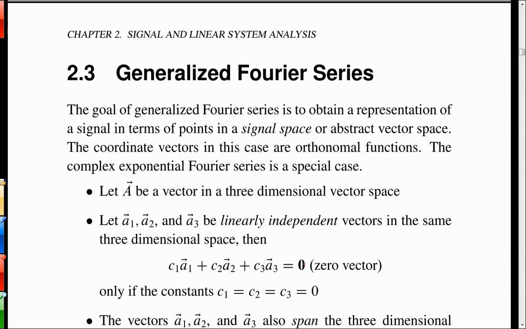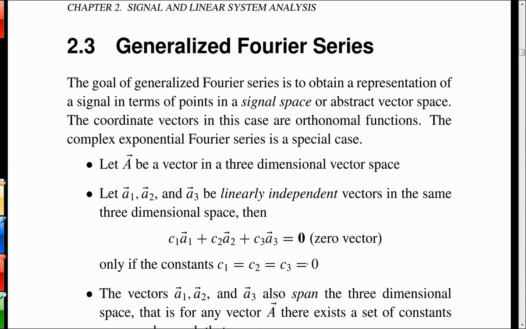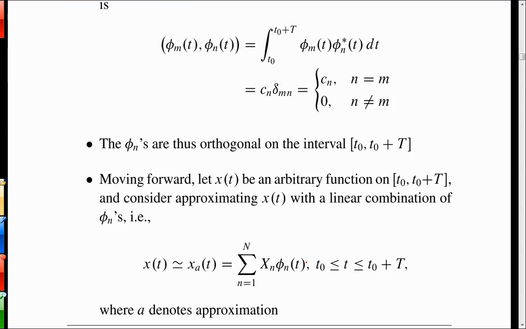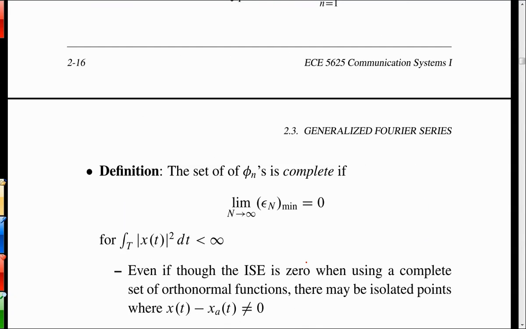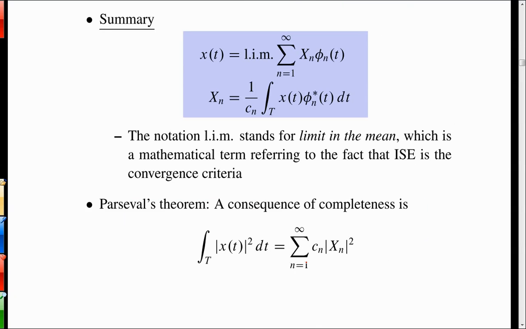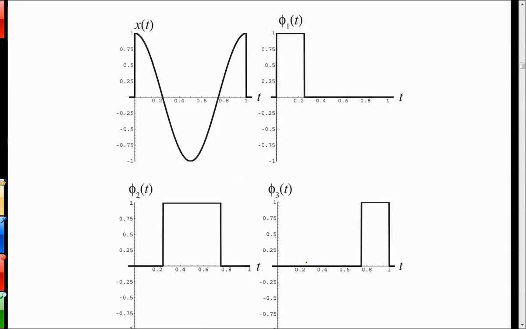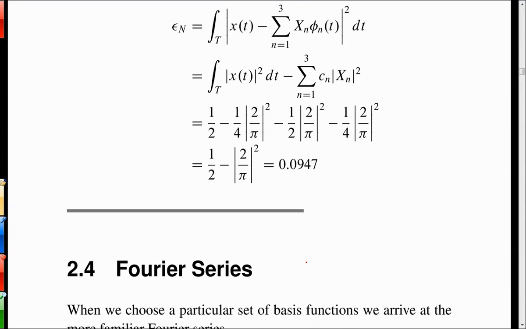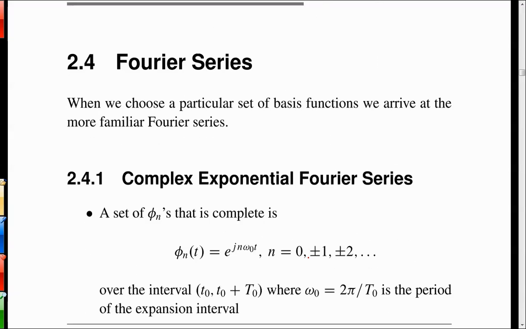Okay, now we want to go look at Fourier series, and I said I would skip over the generalized Fourier series, which is like an expansion that you'd see in a linear algebra class. It's pretty cool stuff, but I just can never find that I have the time to really delve into it. So what I want to do is just go right into the Fourier series.